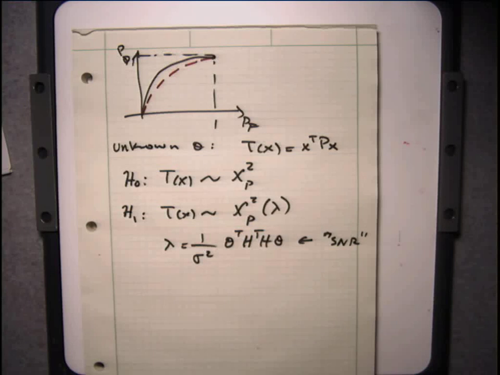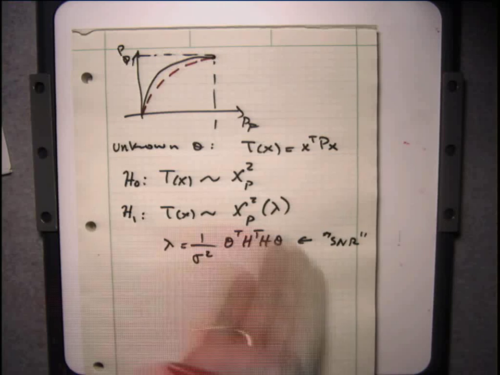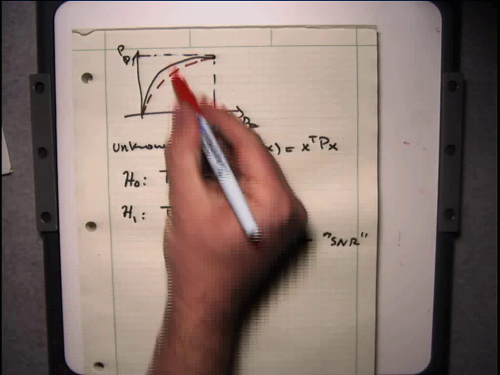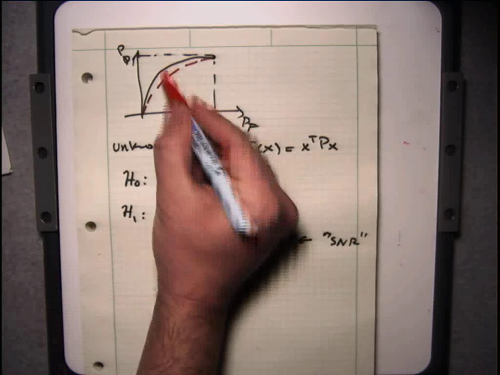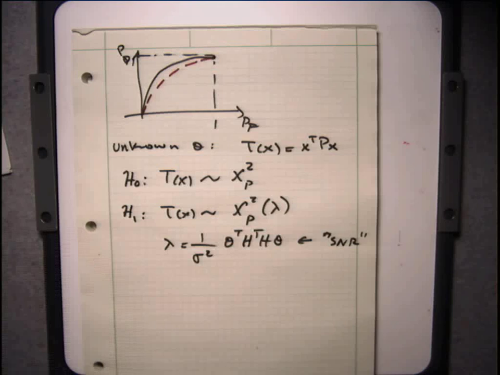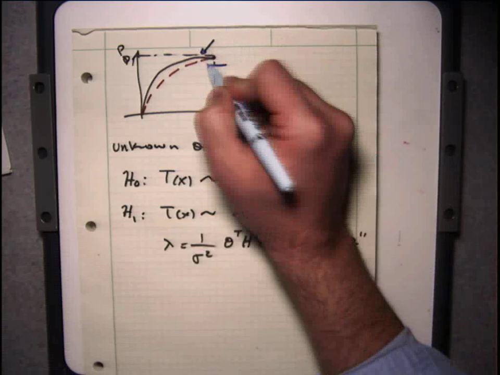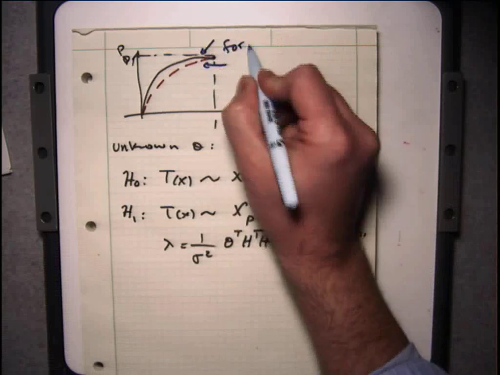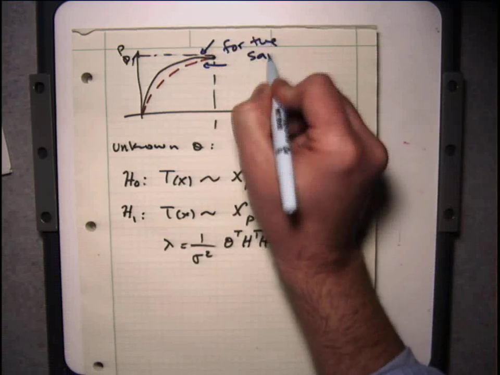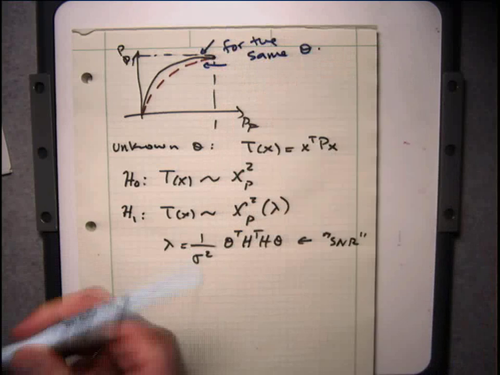So if you want to compare it to the previous case, then use the same theta as in the previous case and plot the performance. That's why I'm plotting here: these two curves are for the same theta. Does that make sense? Okay.